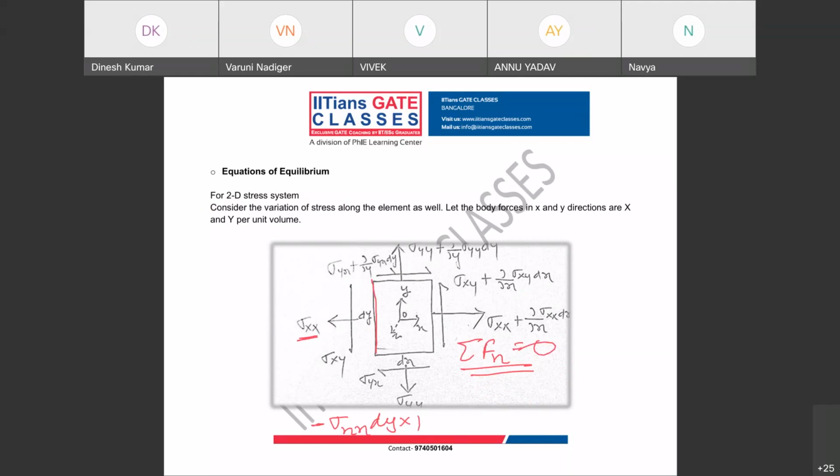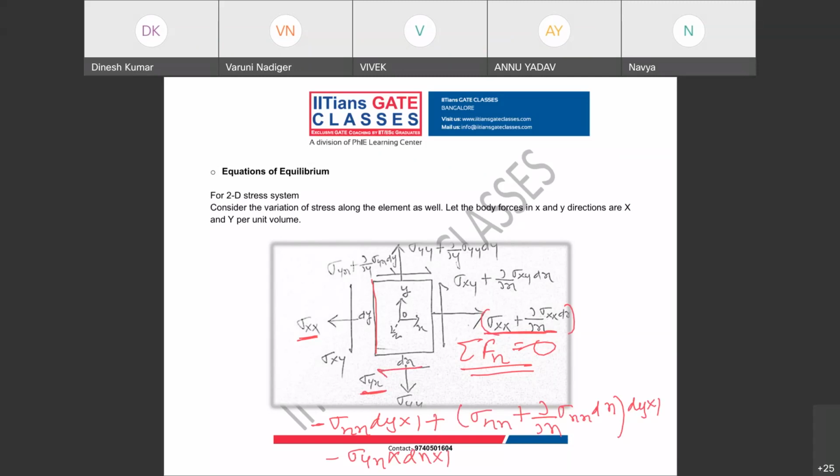Then this stress into area will be force. So it will be sigma xx plus dou by dou x of sigma xx into dx, into dy into 1. Then this shear stress is going in this direction, so it will be negative sigma yx into dx into 1.